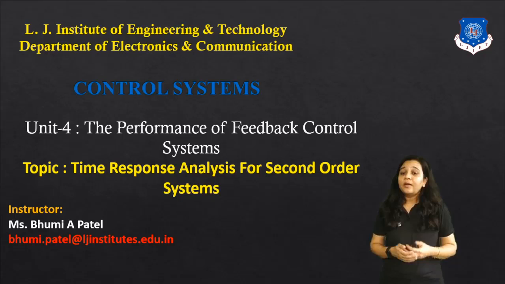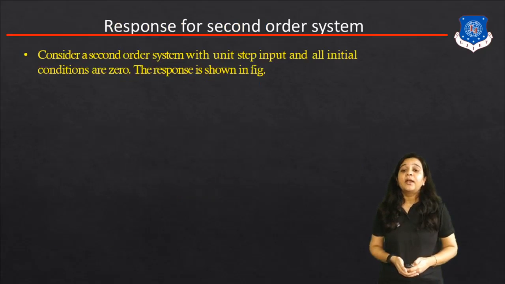Today we will learn about the time response analysis example for the second order system in Unit 4, the performance of the feedback control system. First of all, we know about the different parameters that are used in the second order system.